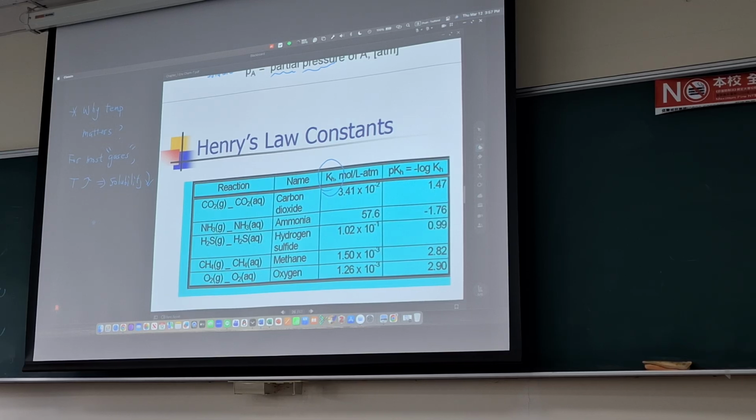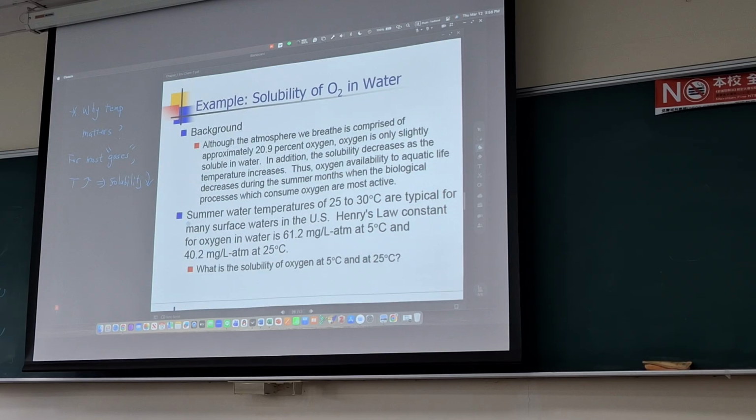So although we do not see any temperature term in Henry's law, temperature actually matters for the solubility of gases. Okay, so let's see this question before we end this class.